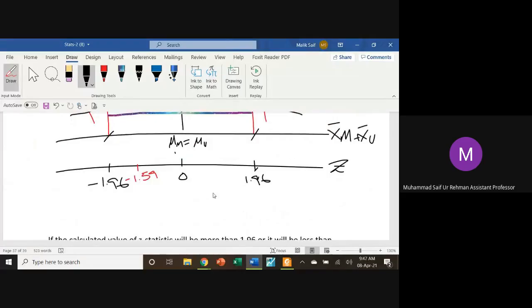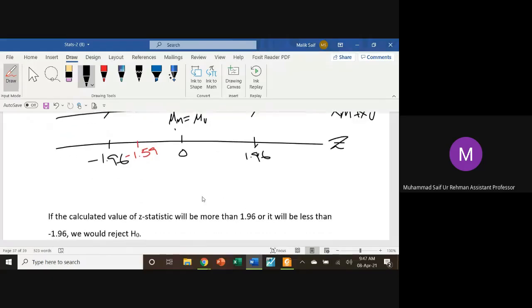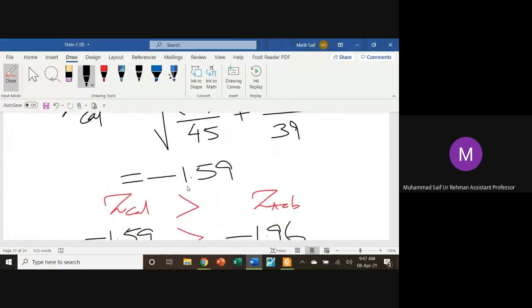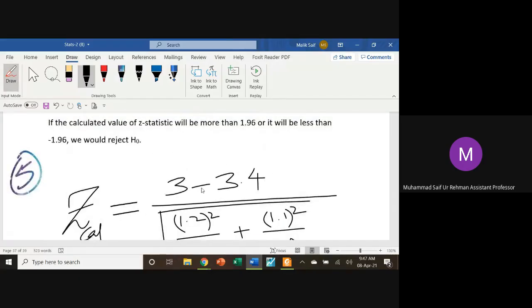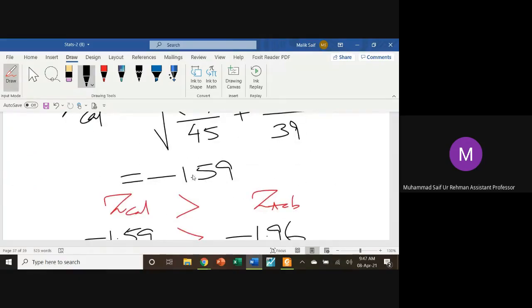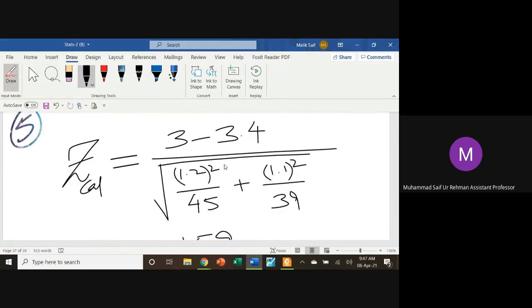And definitely if you are taking mu u minus mu m, then it will be positive value. So basically 1.59 is with negative sign, and it is also with positive sign. When will it be positive? When you subtract 3 from 3.4, the answer will become positive. So basically, this value is negative because you are writing the smaller value before the larger value.